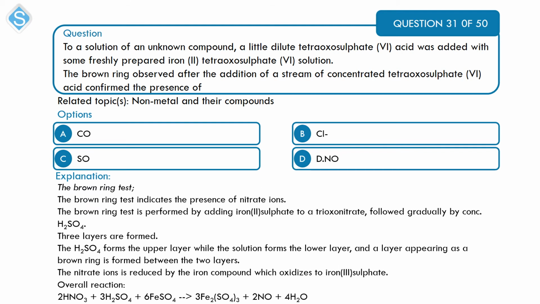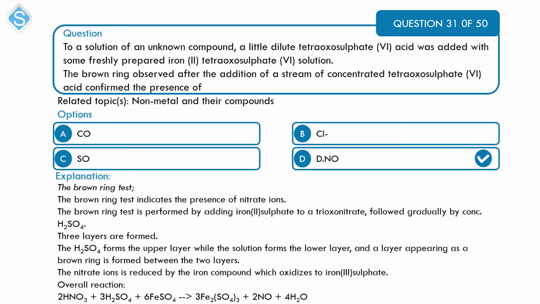Okay, so the brown ring test is used to test for the presence of nitrate ion. That is option D. The test is performed by adding tetraoxosulfate 6 acid to a trioxonitrate. So the unknown compound here in the question is a trioxonitrate.